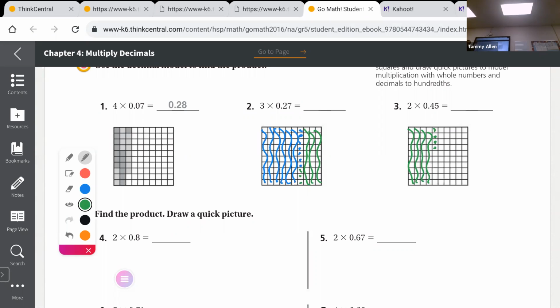What does that give us? 1 and 34 hundredths. 1 and what? 34 hundredths. Okay. Questions on that one? Anybody? Okay.